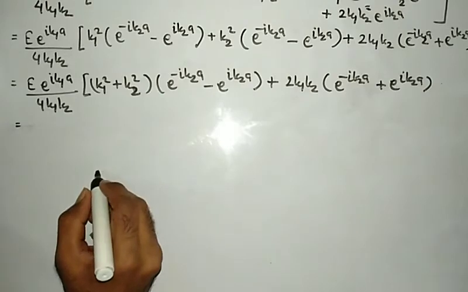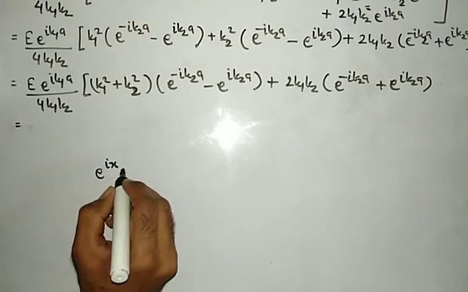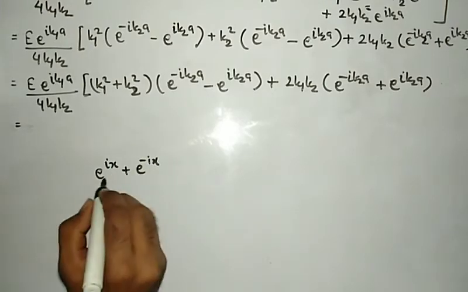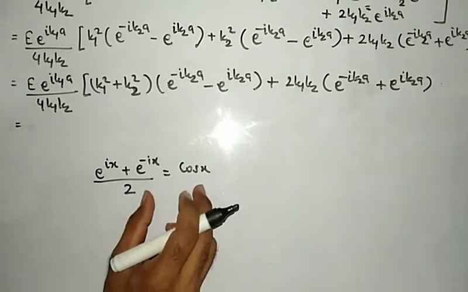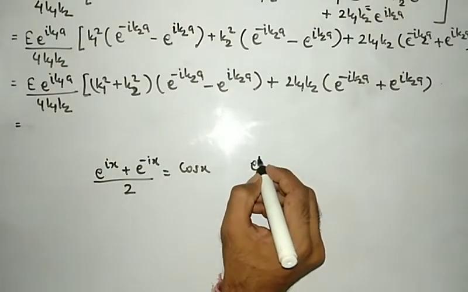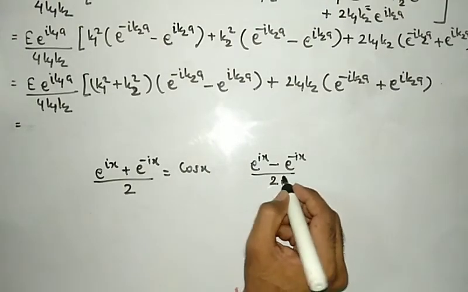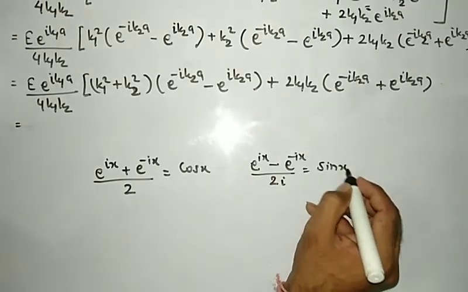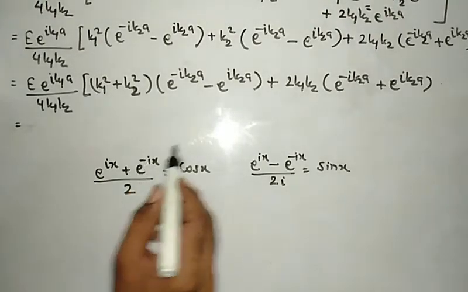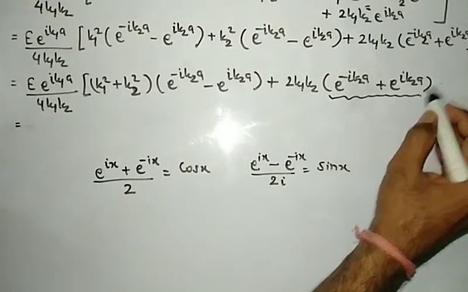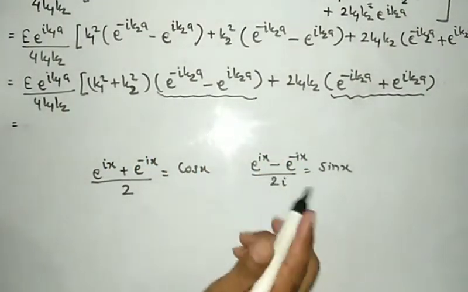As we know, first know this formula, that e to the power i x plus e to the power minus i x by 2 can be written as cos x, and e to the power i x minus e to the power minus i x by 2i is sin x. So if you look, this portion can be converted into cos terms, and this portion can be converted in terms of sine.